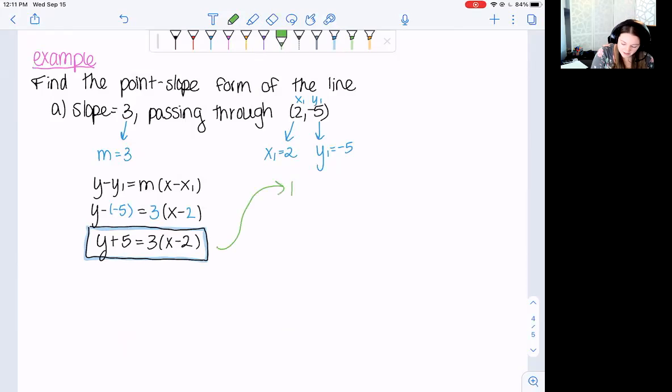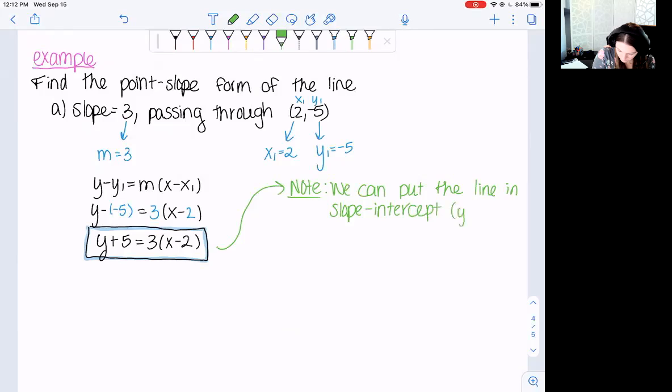Oftentimes, we take it and we go a step further and we put it into slope-intercept. This problem didn't ask us to, but oftentimes we do. So I want to talk about what that looks like. You're just solving for y.